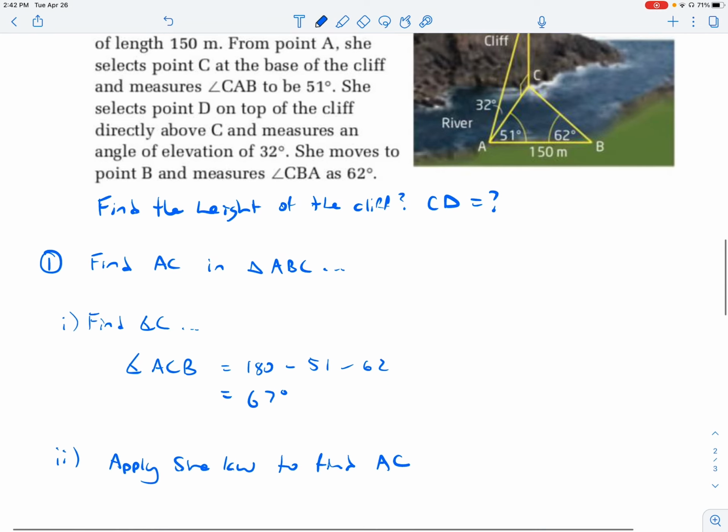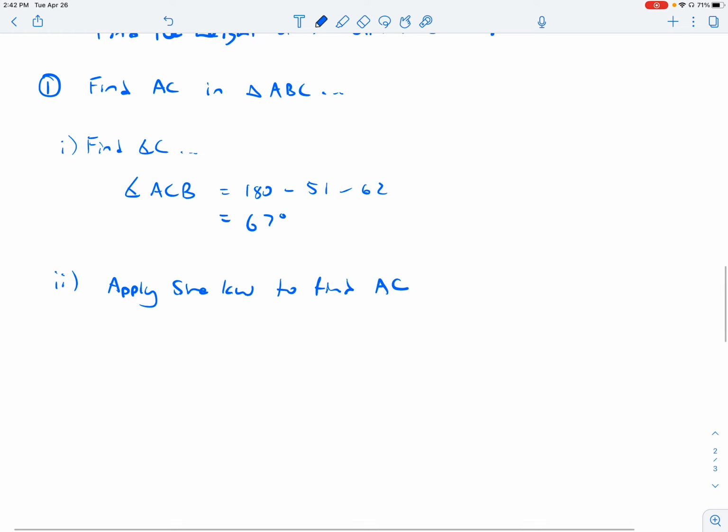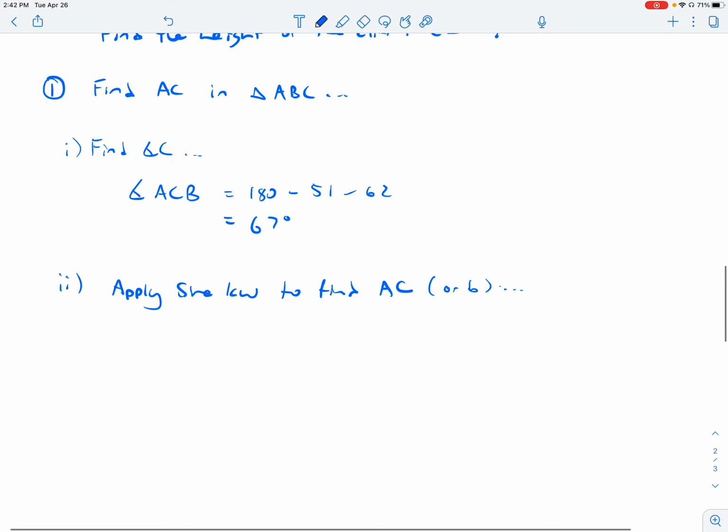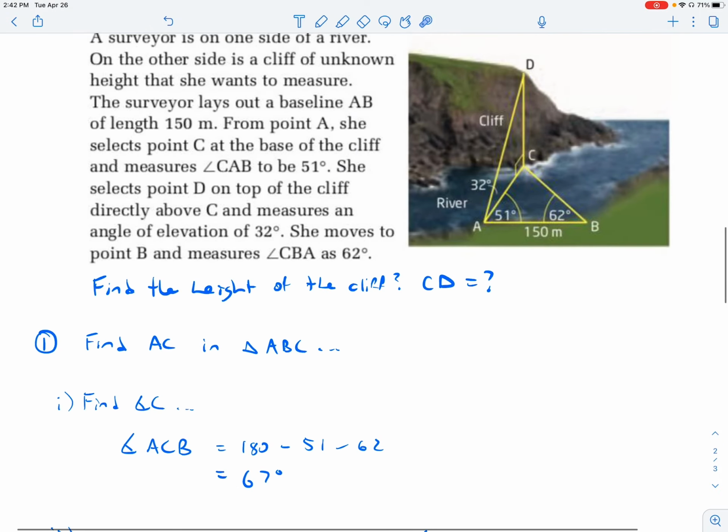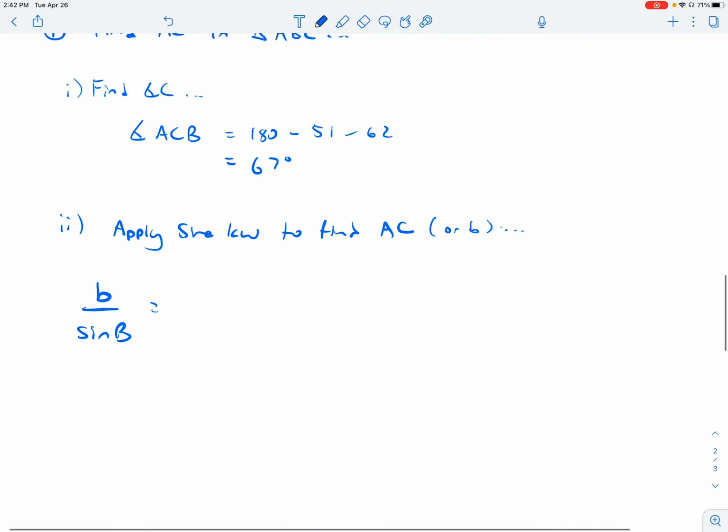That's what I'm going to do when I do the sine law. I always write what I'm looking for first. So we're going to have b over sine B, and that needs to be equal to another pair that I know. We just found angle C, so I could do angle C and side length C. So we'll say little c over sine C.